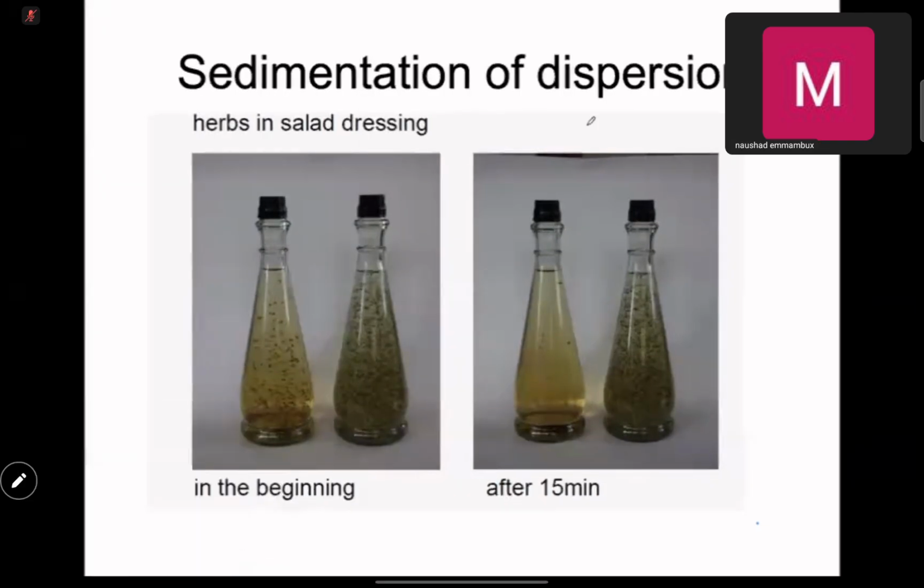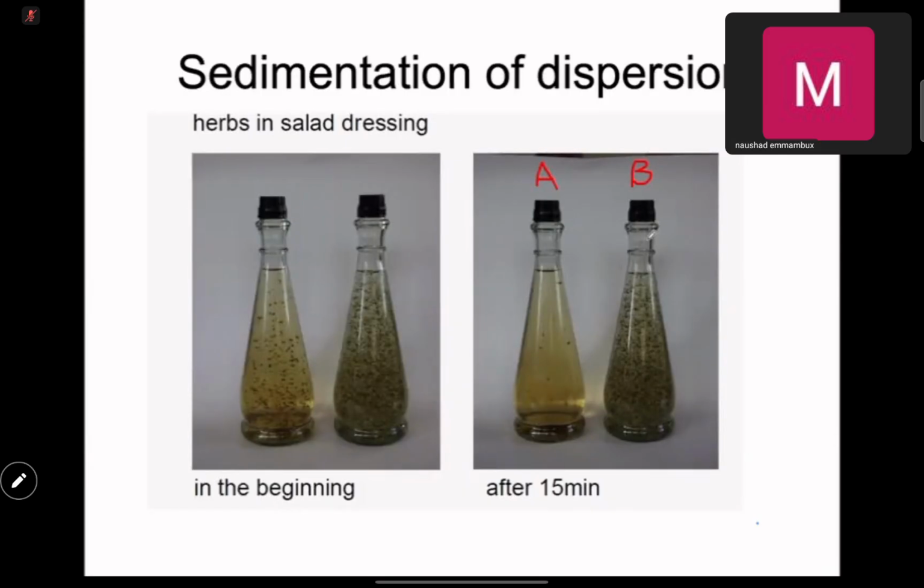If this is A and this is B, as a consumer, if you want to buy a salad dressing, which one will you buy, A or B? Maybe you can put it in the chat.